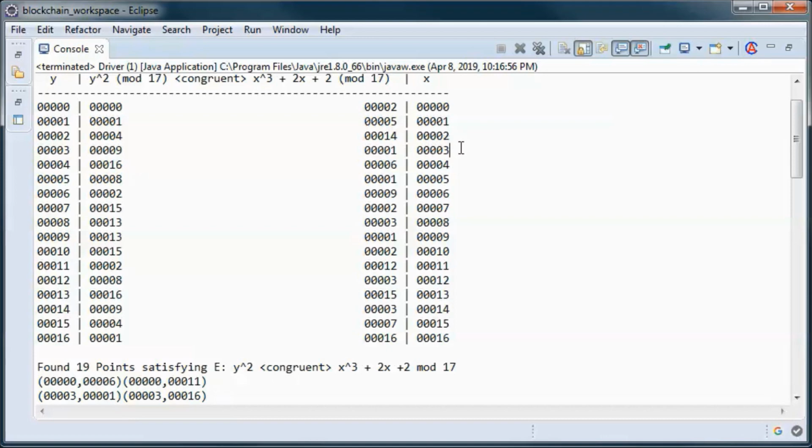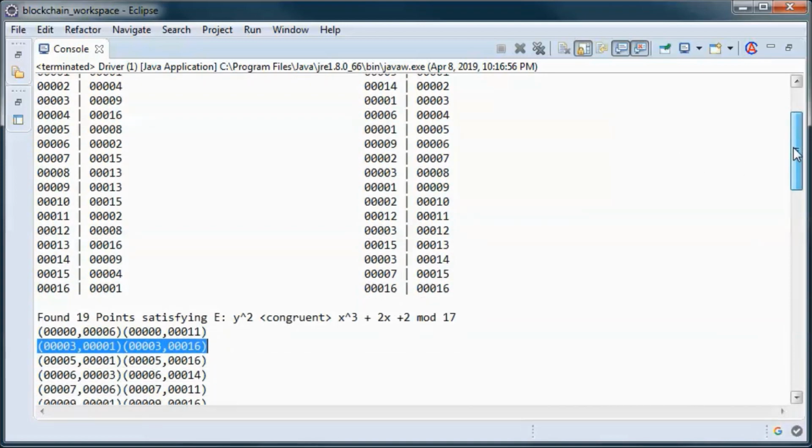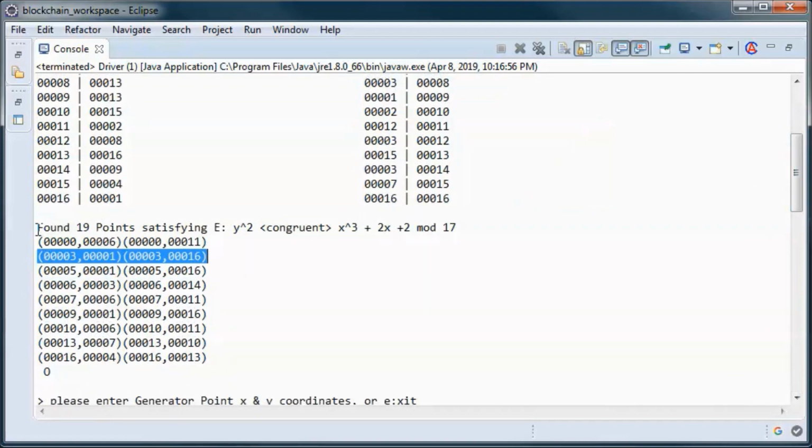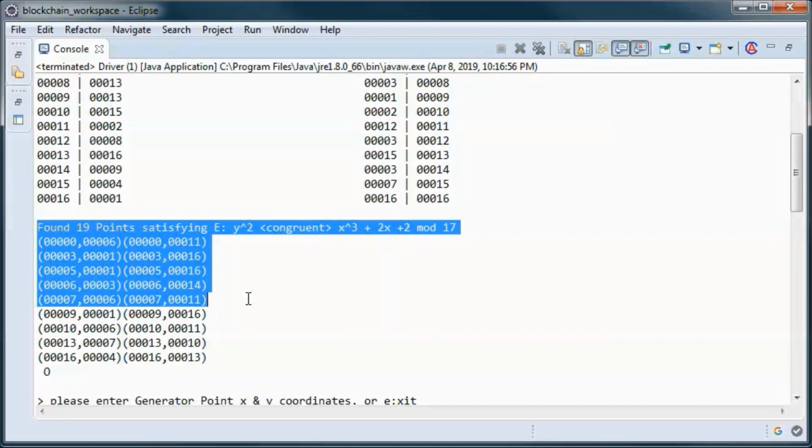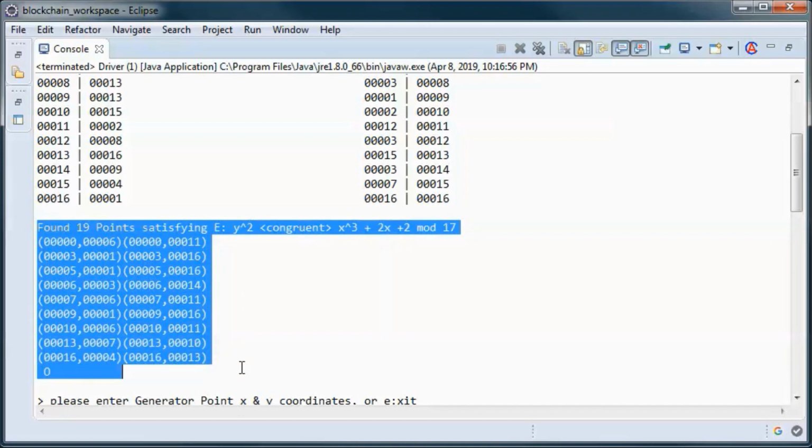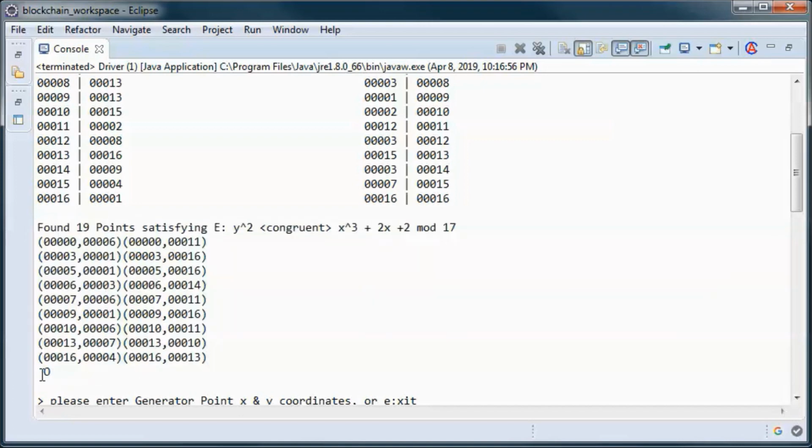And for x is 3, we end up with this value, and it is the same here and here. So we end up with those 2 points also satisfying the equation. So we found 19 points that satisfy this equation, including the point at infinity, O.